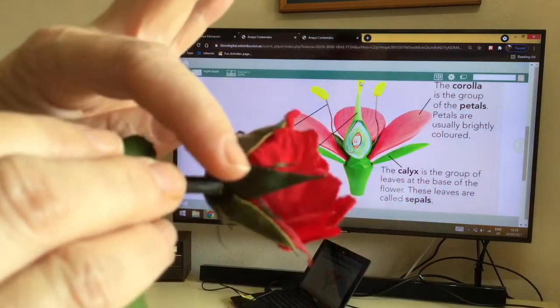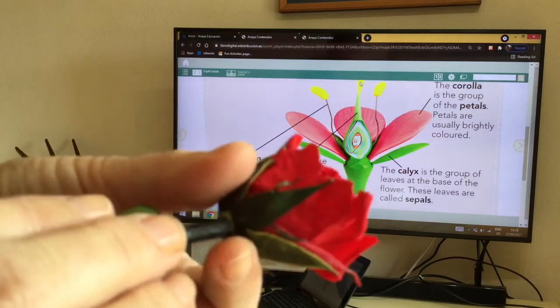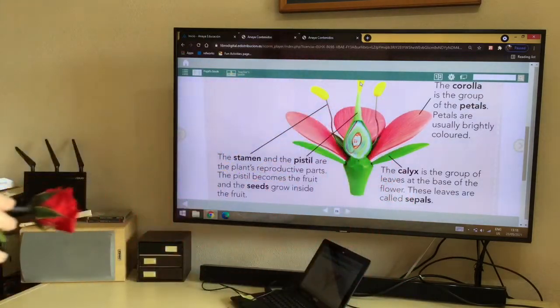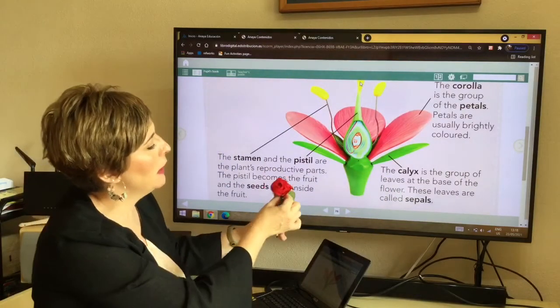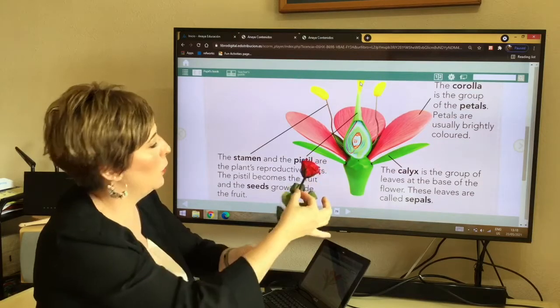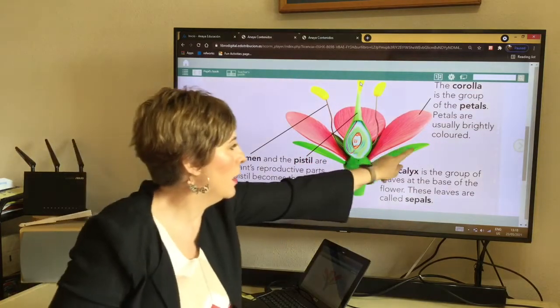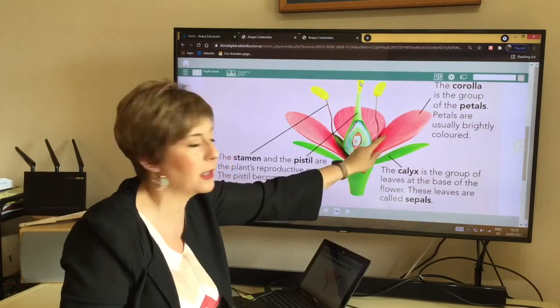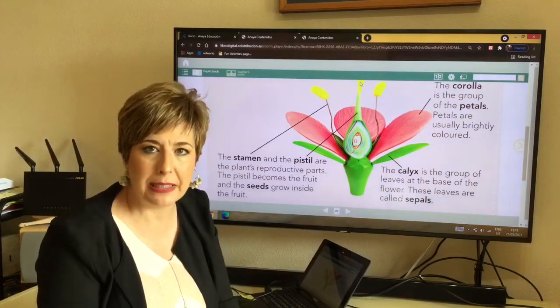What is the calyx? The calyx is the ground of the leaf, the base of the flower. So as you can see, we have the corolla and the calyx that we can see very well. And one part of the calyx is a sepal, and one part of the corolla is a petal.